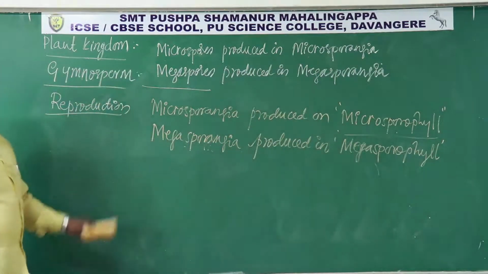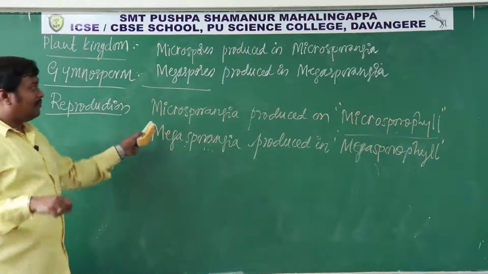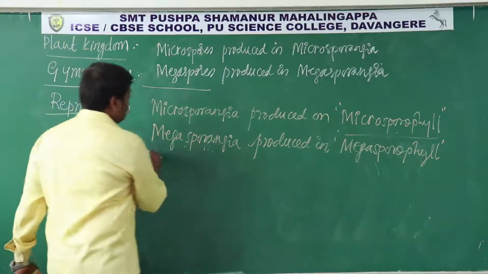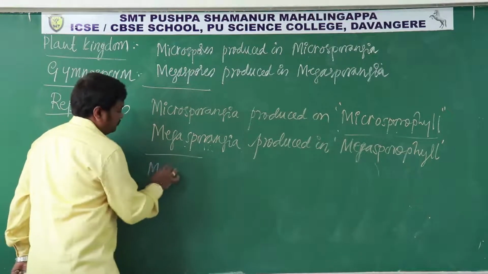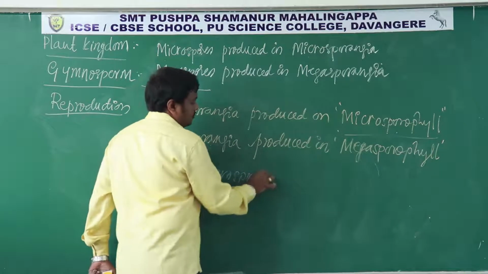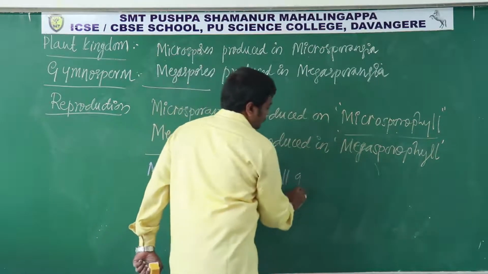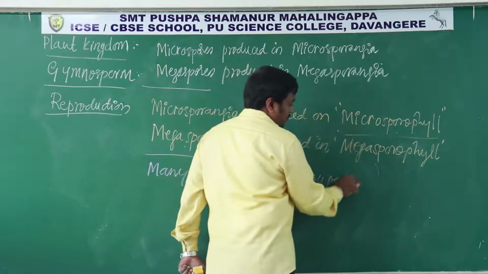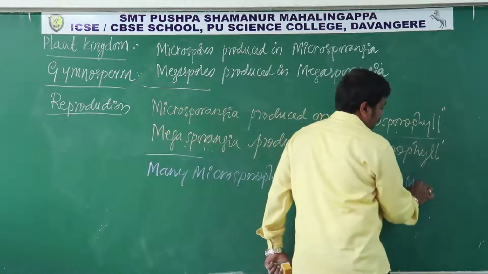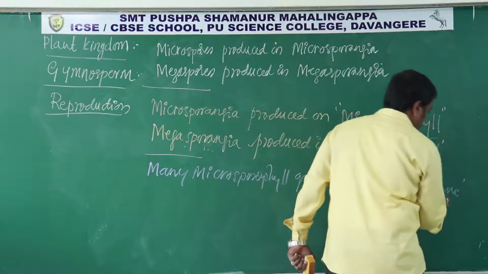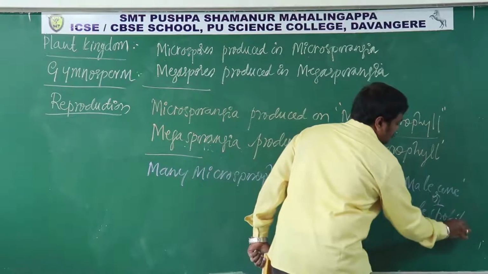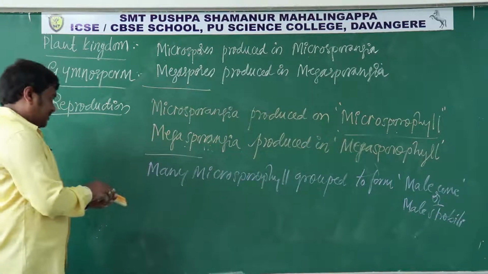Yesterday we discussed the same thing: microspores are produced in microsporangia, and microsporangia are produced on microsporophyll. Many microsporophylls grouped together form a male cone or male strobili.